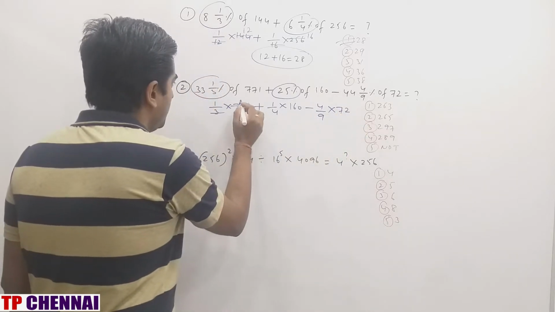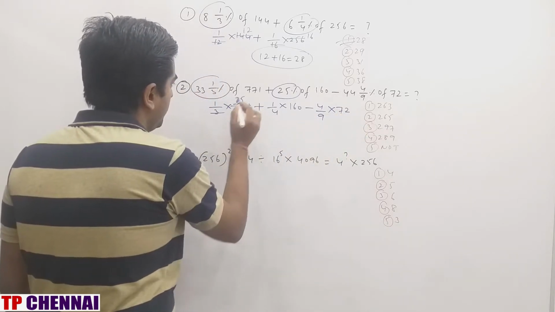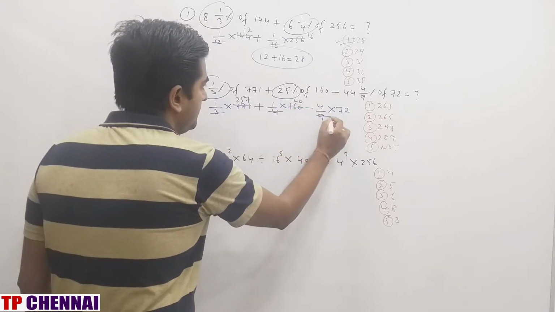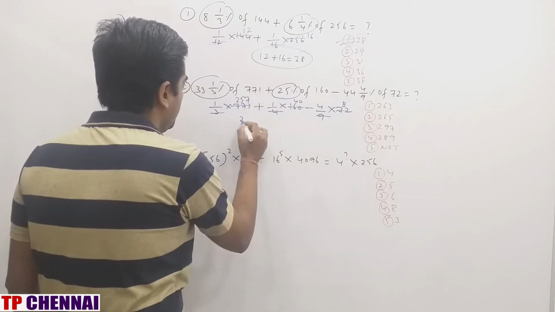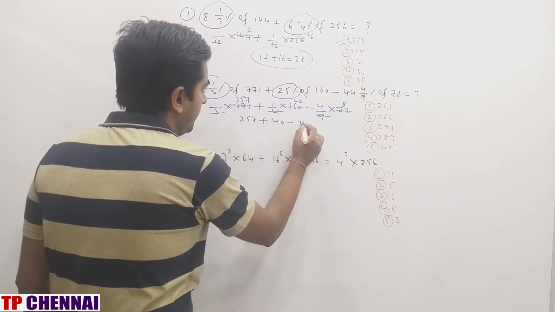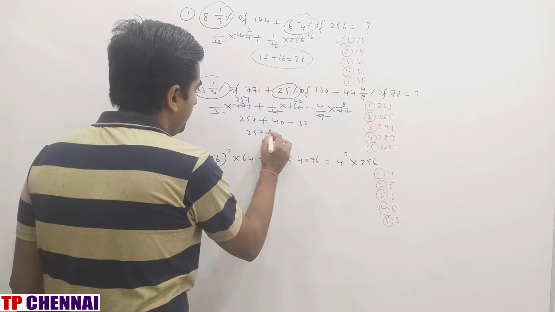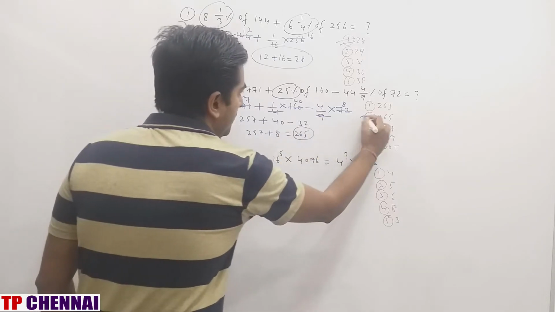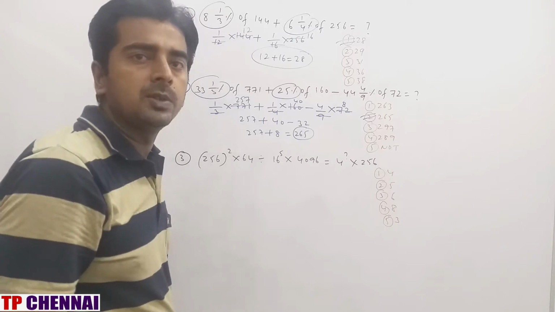So this is nothing but how much? 3 25s are 75, 3 7s are 21, 4 40s are 40, and 9 8s are 72. So 257 plus 40 minus 32, 257 plus 8, 265. So my answer is nothing but the second option.